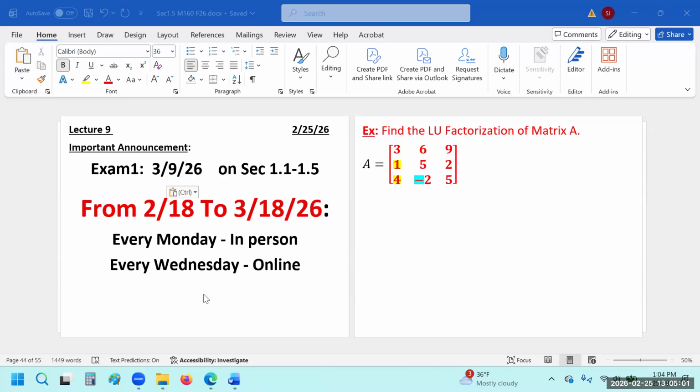I already posted the review sheet a long time ago, Florence. It's on Brightspace. Look at your Brightspace under content on the left panel. You'll see it says review sheet. The review sheet doesn't have any answers because most of the questions I just took from our lectures.